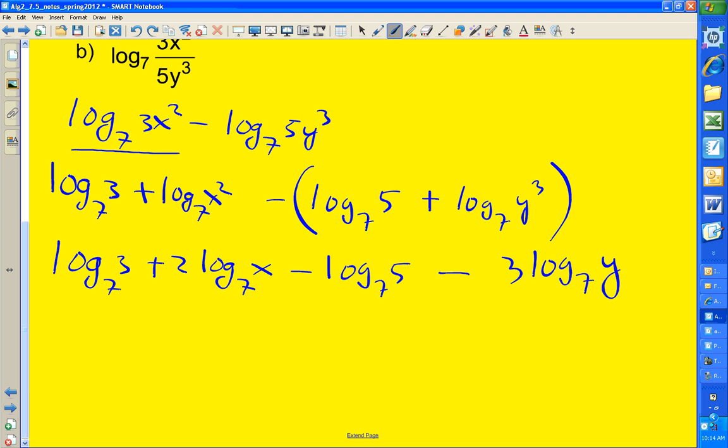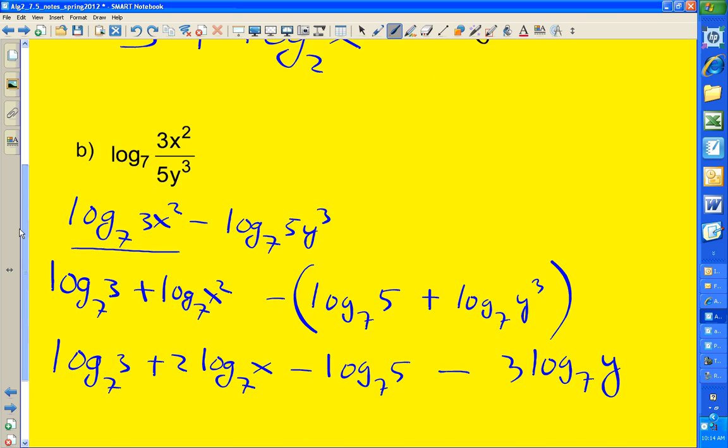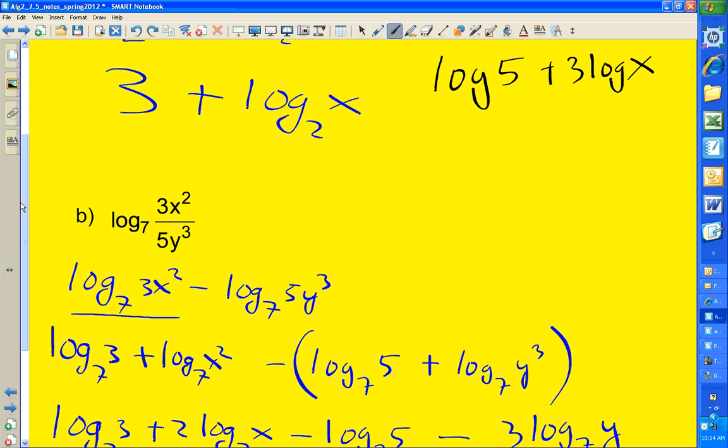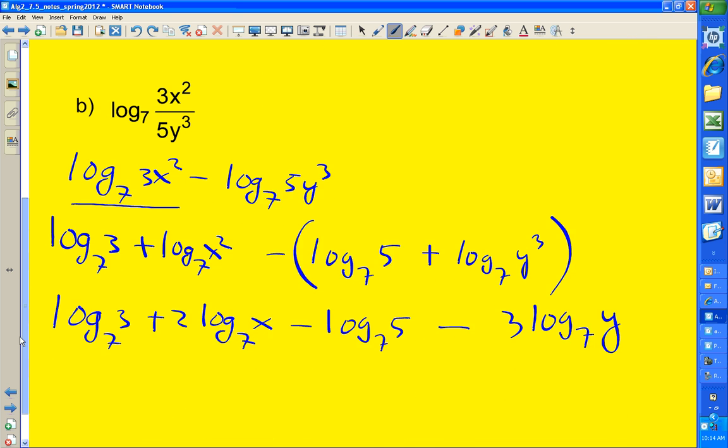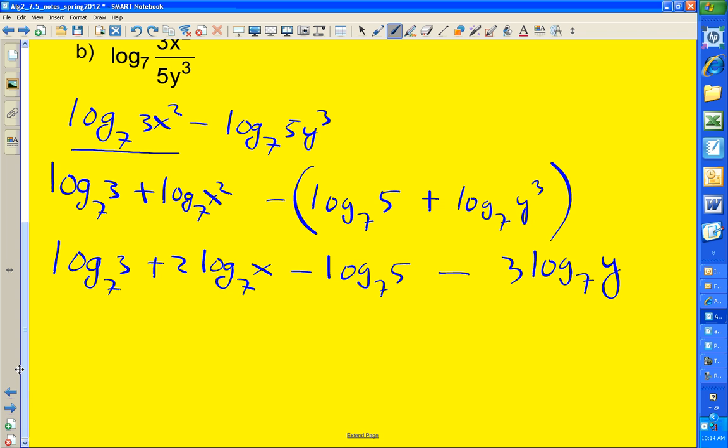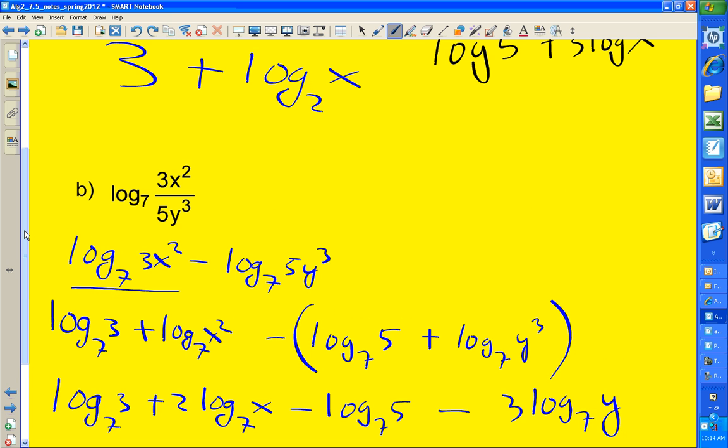Does that make sense? Otherwise, if we wanted to write it as a single log, this is how it would look. So even though you can't combine those two, the log base 7 of 3 and log base 7 of 5, well, we can combine them all. But you just don't want us to. If you combine them all, that's what it would look like.